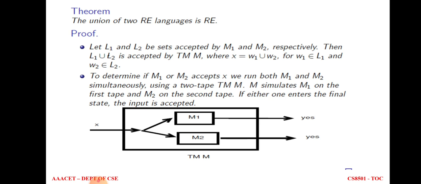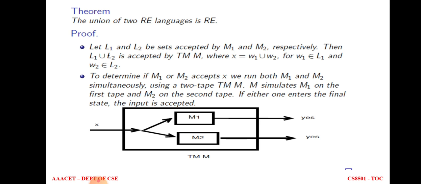We saw this in the fourth unit, programming techniques of Turing machine construction. The two-way infinite tape is one of the programming techniques of Turing machine construction. We use the two-tape Turing machine method for M1 and M2 because we have to run both to check whether either one of them accepts the particular input X.